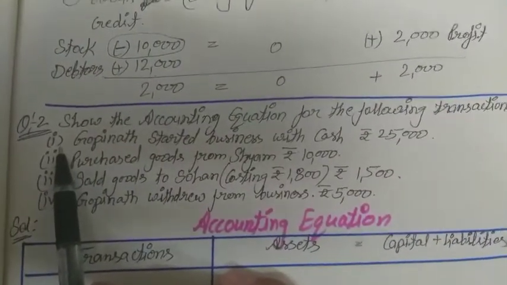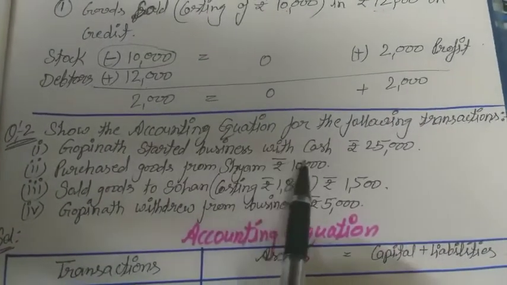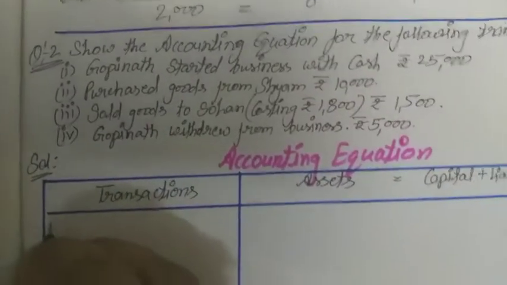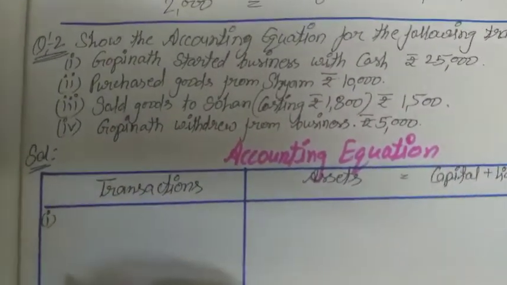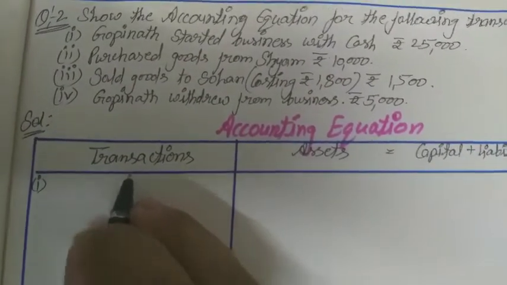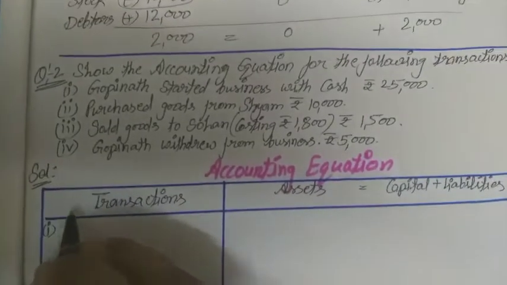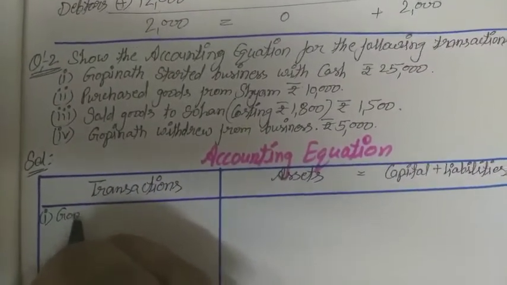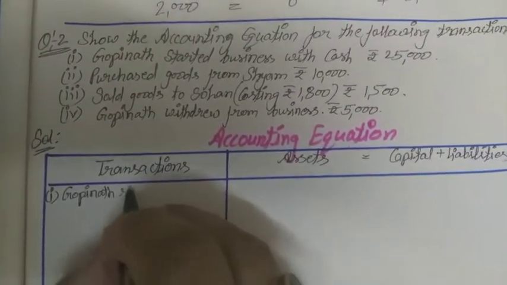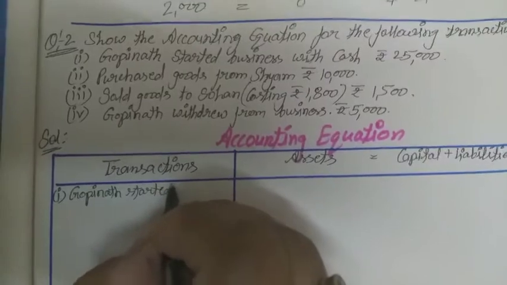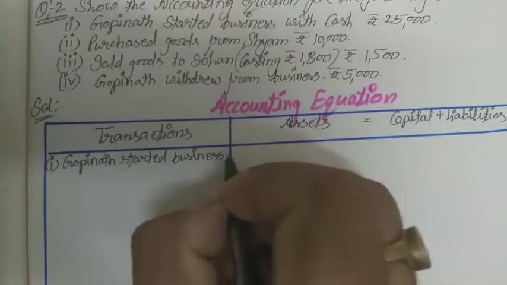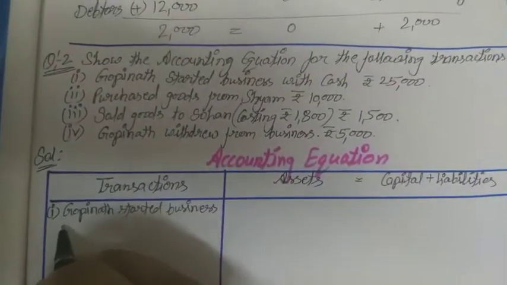Okay, so here we can see the transactions. Transaction first: Gopinath started business with cash rupees 25,000. The first transaction we will write on this side in the transaction column. First, Gopinath started business with cash.